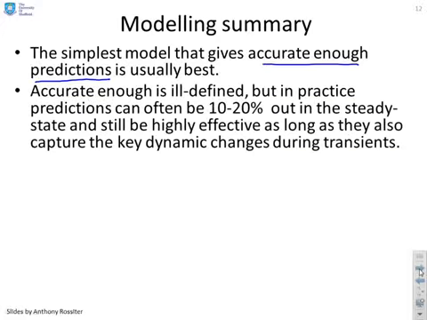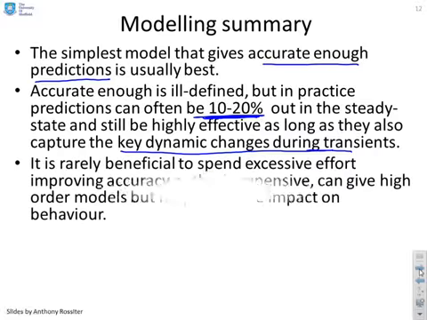Okay, but accurate enough is ill-defined. In practice you'll find that often if the predictions are accurate to within 10 to 20%, certainly in the steady state, then that prediction model will probably be effective enough as long as it captures the key dynamic changes during transients. Now why is this?